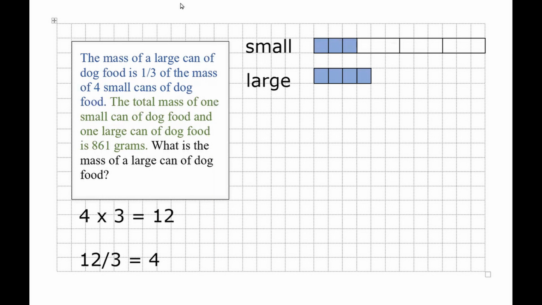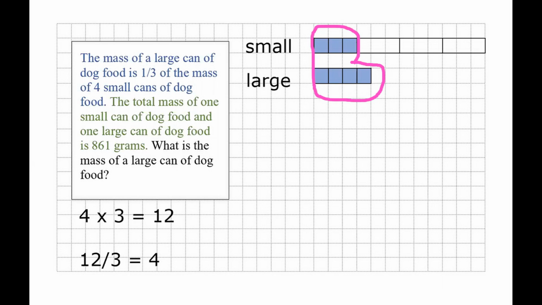According to the green sentence, all of this, one small can and one large can together, have a mass of 861 grams. So 7 little squares represent something that has a mass of 861 grams.